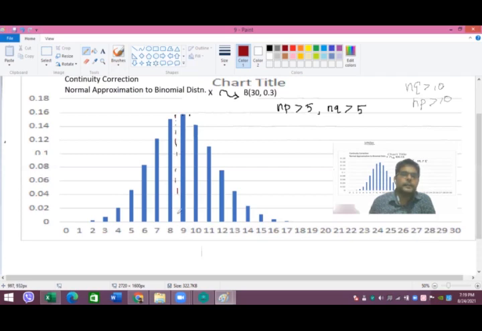The mean, n times p, in this case is 30 times 0.3, so this is 9, so the mean value is 9. So we have taken this value as 9.5, and similarly go another half about this x equals 9, and then you consider this bar.